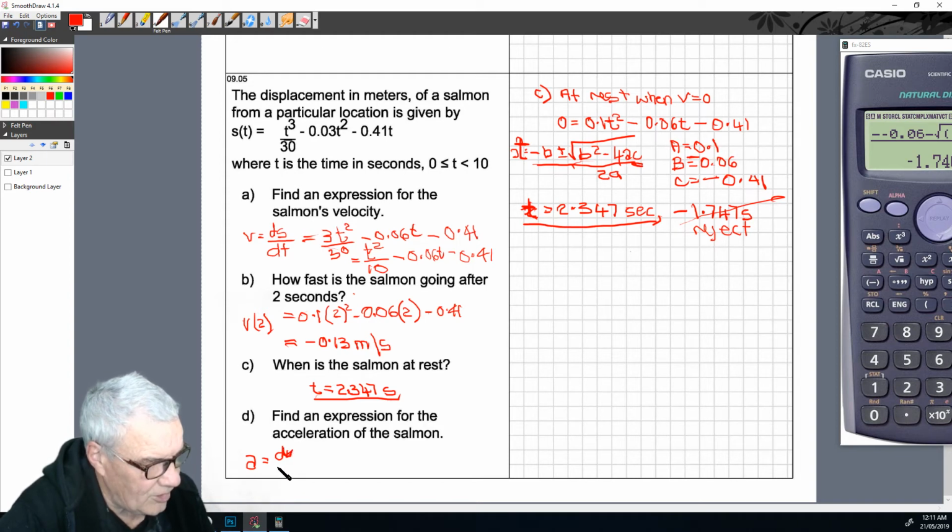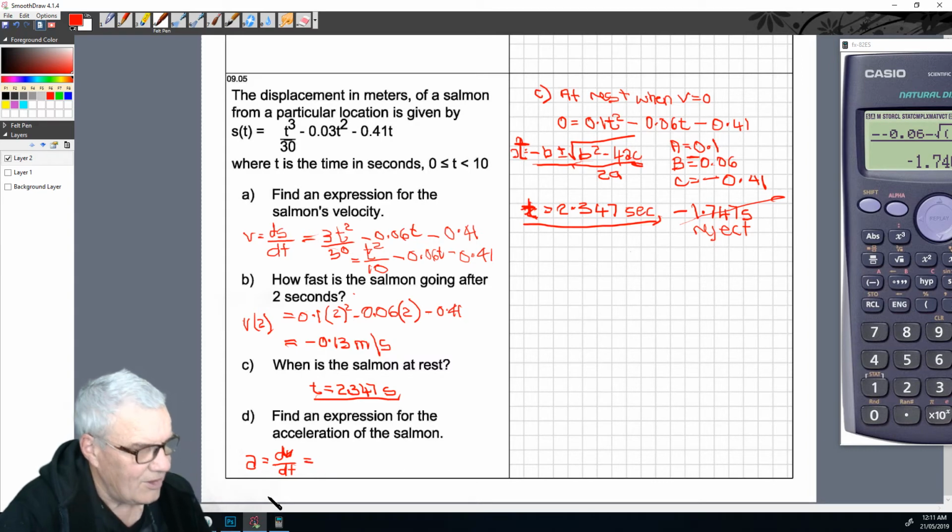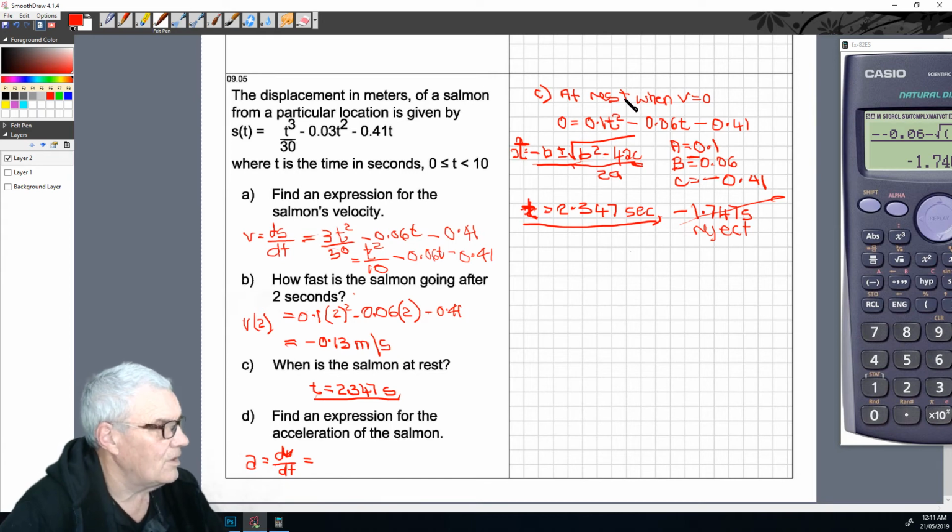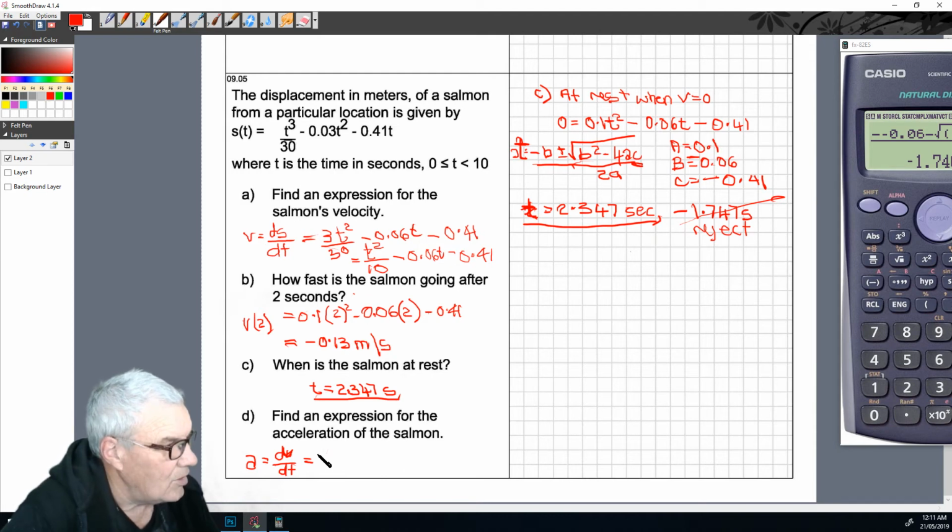V is the velocity, so we just differentiate the velocity with respect to time, and in this case our velocity is 0.1 there, so it's going to be 0.2 t.